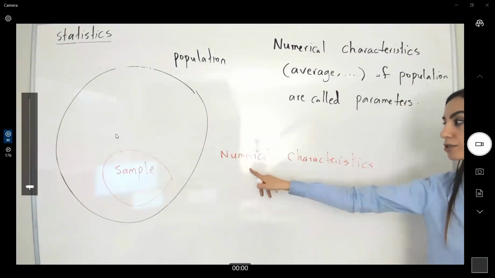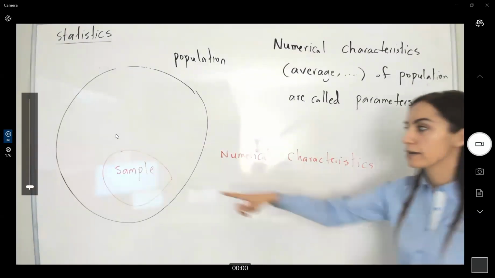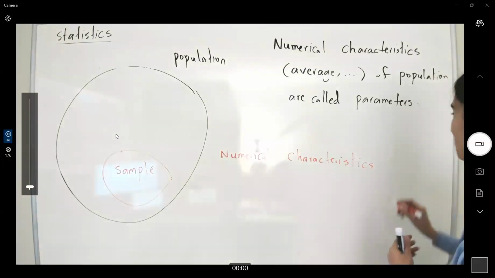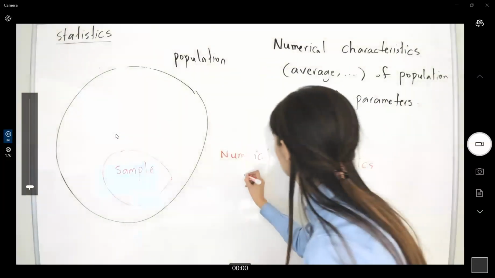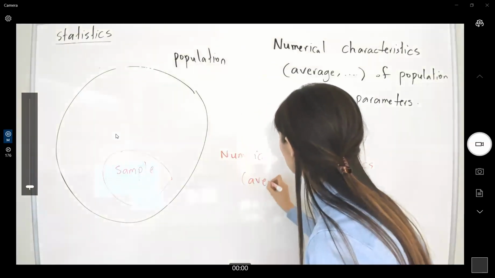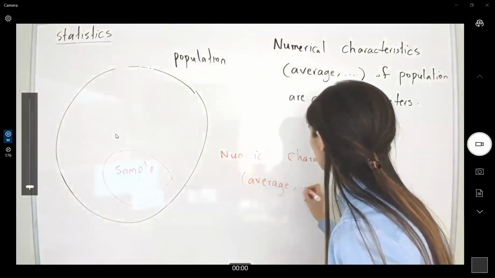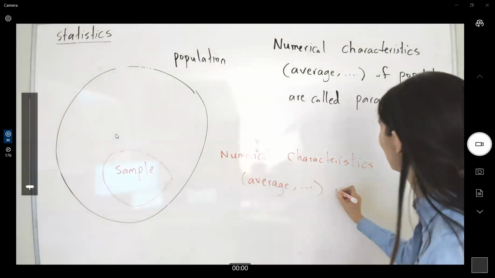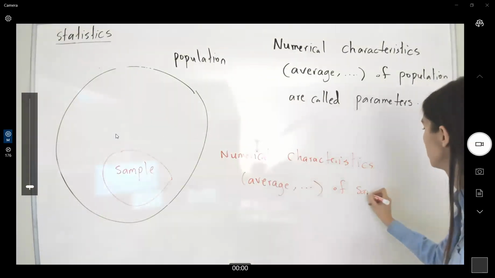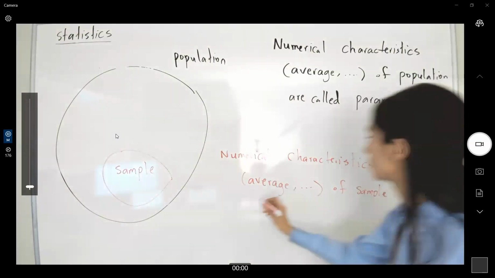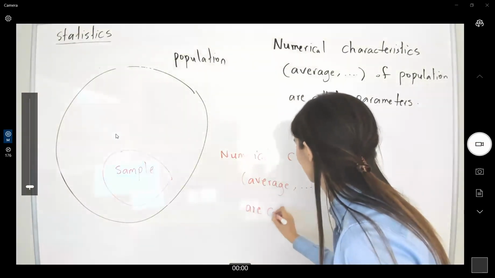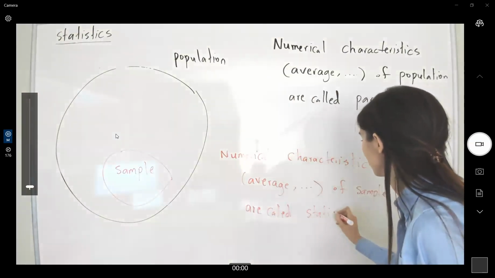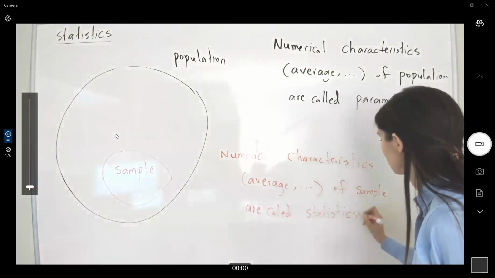We are referring to those numerical characteristics related to the sample as statistics. Average, standard deviation, range, and so on, of a sample are called statistics.